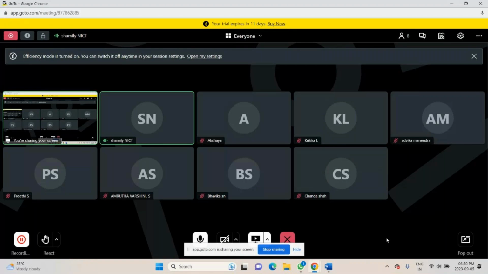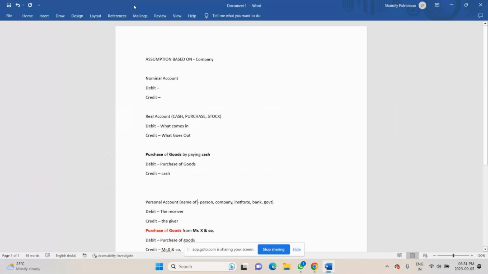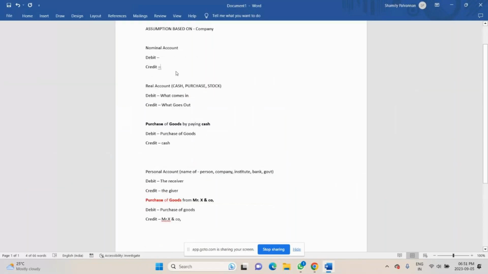So next part is where we are coming to the nominal account. So what is this nominal account? Nominal account is related to expense and income. So it can be anything, whichever expense you pay: a rent, a salary, printing and stationery items, housekeeping products like phenols and brooms for your office, wages, labor costs, manufacturing cost.